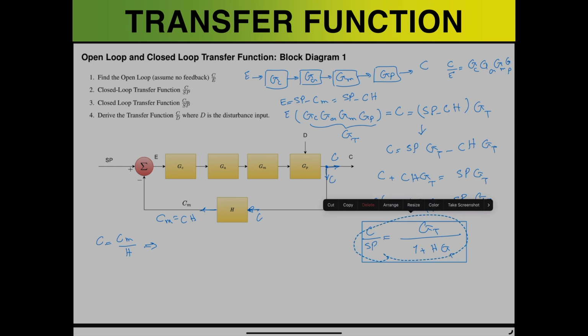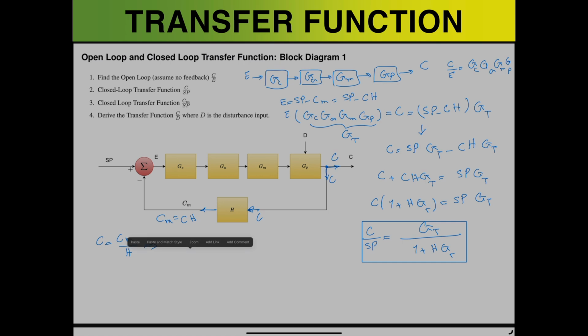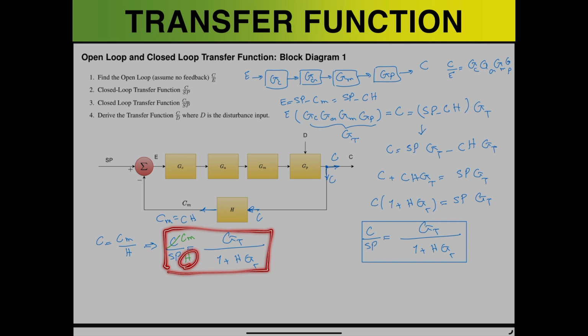Now, in our question, we will reuse this here. However, instead of C, we will be replacing C with Cm divided by H. And the question is asking, what is Cm over Sp? So Cm over Sp is right here. We just need to multiply both sides of this equation by H in order to get rid of this H in the denominator.